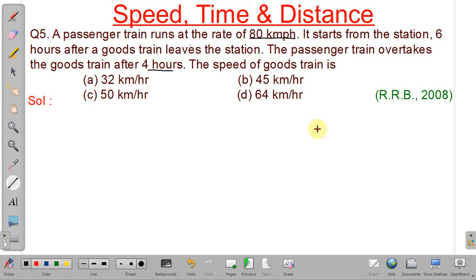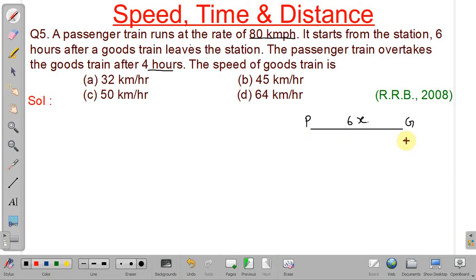See, we will try to understand the situation. Suppose after 6 hours, after the goods train leaves, the goods train in 6 hours will cover a distance of 6 into the speed of the goods train. Suppose the speed of the goods train is x. So the distance between the passenger train and the goods train will be 6x. And after the passenger train starts, what will happen?